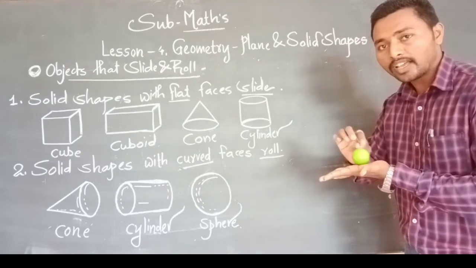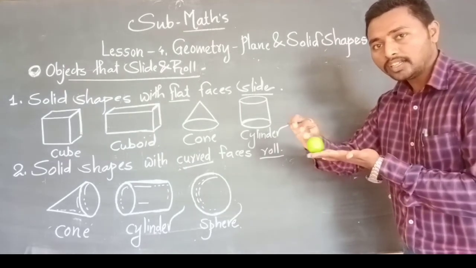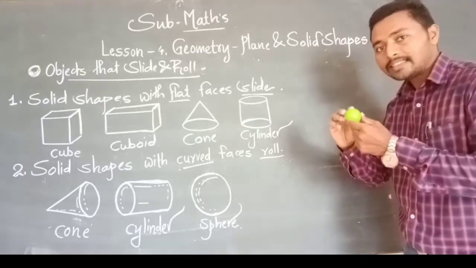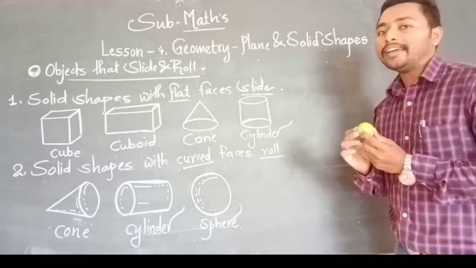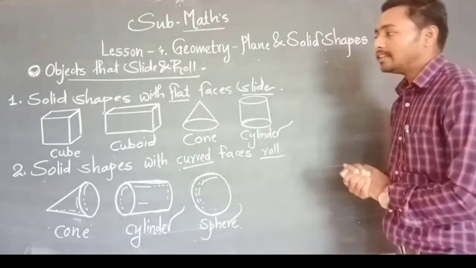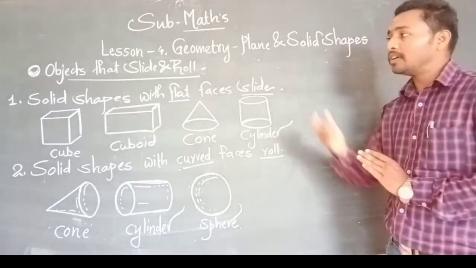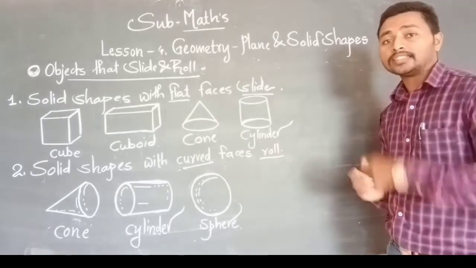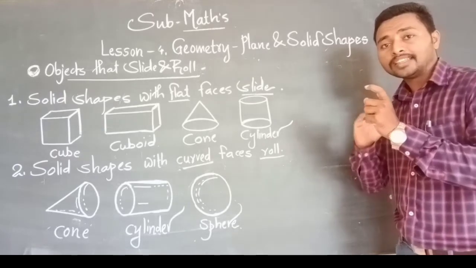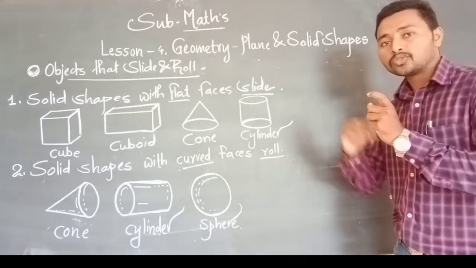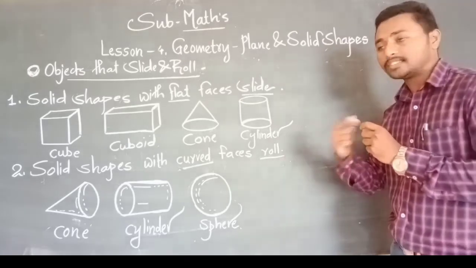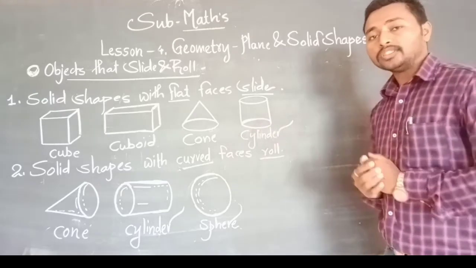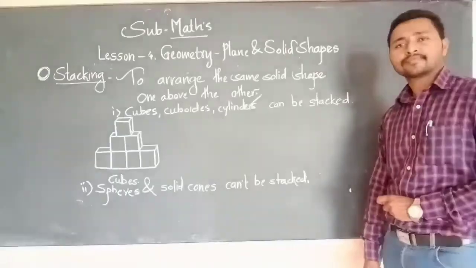We can roll this sphere from one position to another easily due to the curved face. This sphere rolls anywhere. So write down these two categories of solid shapes with flat faces and solid shapes with curved faces. Flat face objects slide from one place to another, and curved faces roll from one position to another.